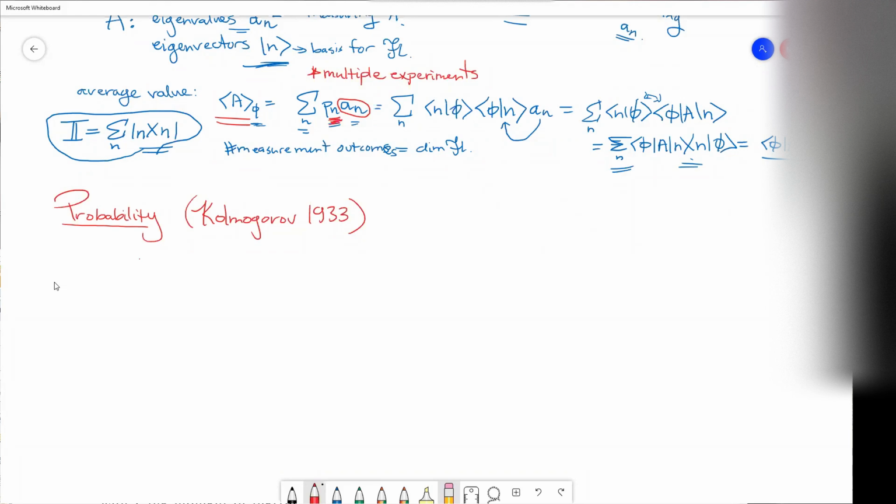So probability requires a space of events. This is like all the things that can happen. And for us, it's going to be the eigenstates or values of some property that we're measuring, which is described by a Hermitian operator.